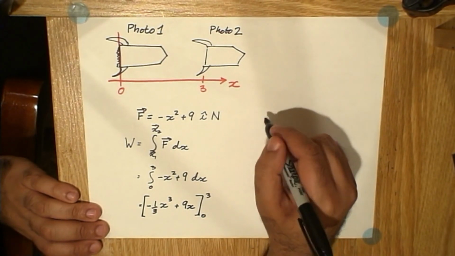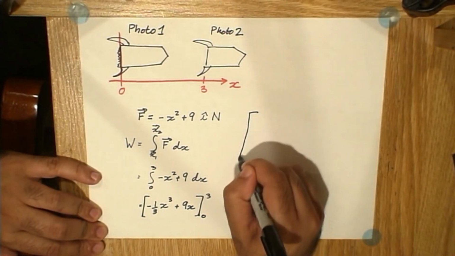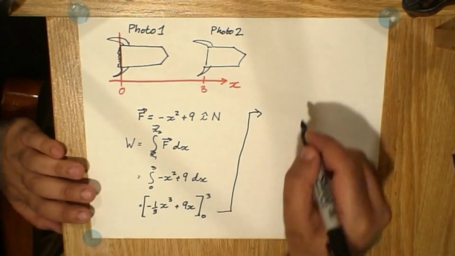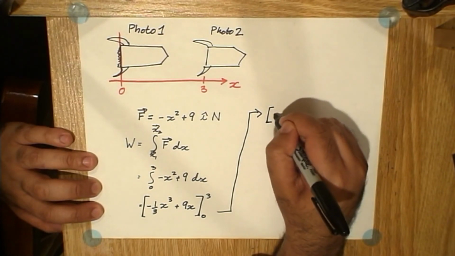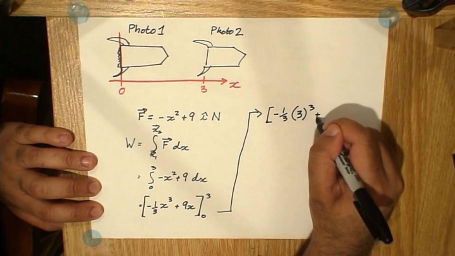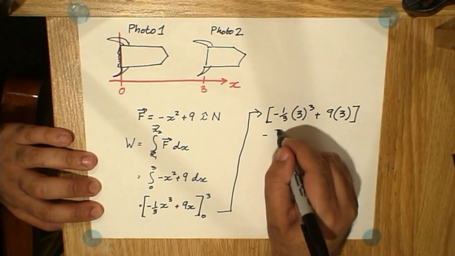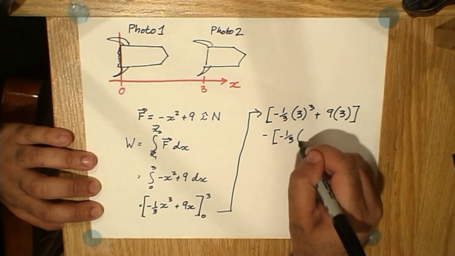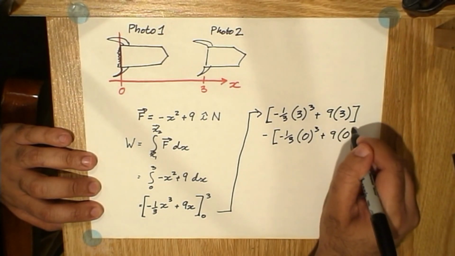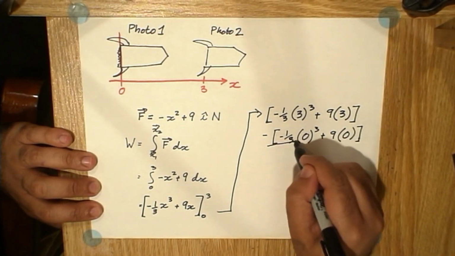So let's see what that works out to. If I plug in 3 for x over here, I get negative 1/3 times 3 cubed plus 9 times 3 minus negative 1/3 of 0 cubed plus 9 times 0. Obviously, this second term is going to completely cancel out.